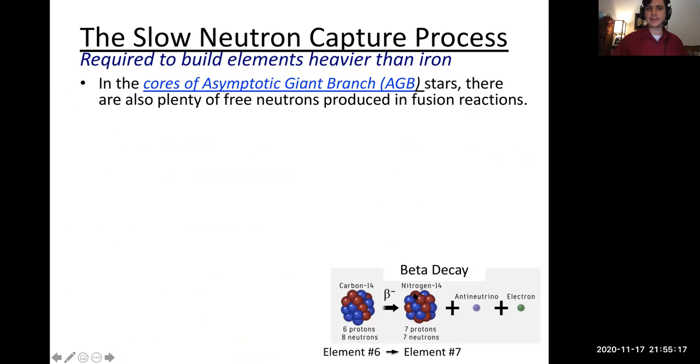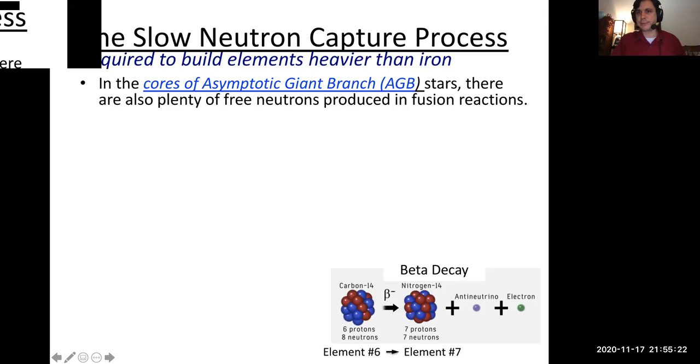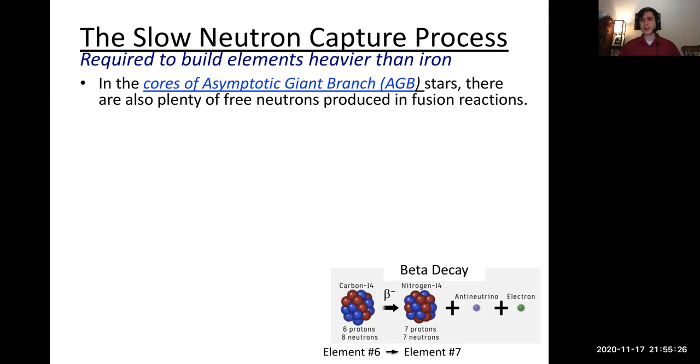Where is this happening? This is happening in asymptotic giant branch stars. Because in the cores of these asymptotic giant branch stars, remember we have our carbon oxygen ash core, and then a shell of helium fusion, and then a shell of hydrogen fusion around there. And in those fusion reactions, one of the things I didn't mention that's constantly being produced are neutrons.